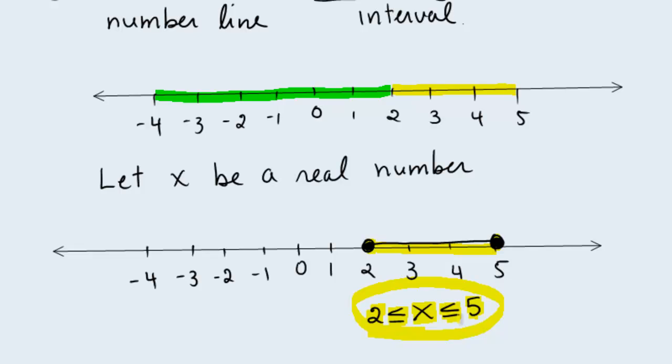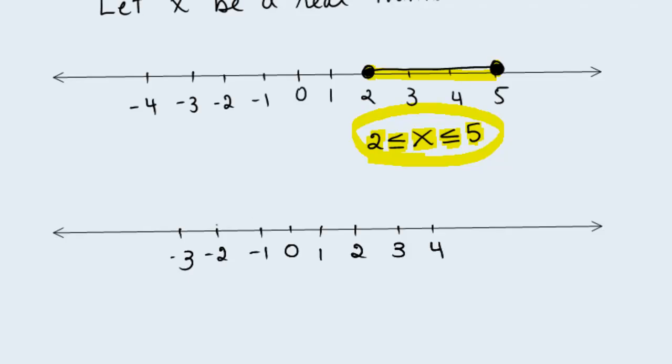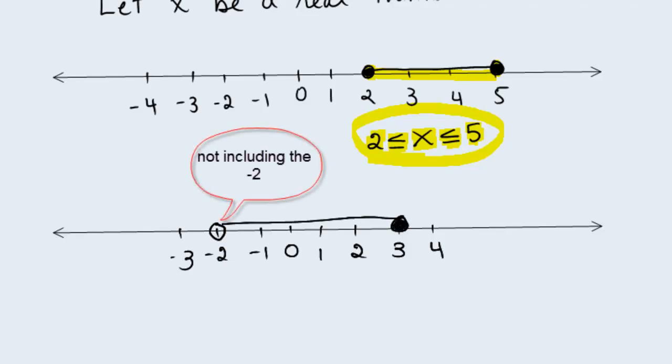Let's look at a few more examples the same way. Now if I want to talk of all the numbers greater than -2 up to 3, not including the number -2, including everything in the middle, and including the up to number 3.